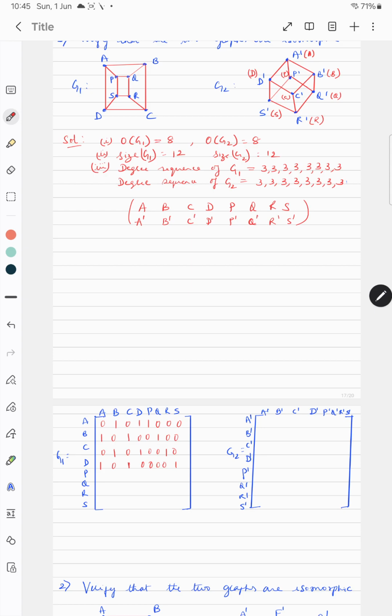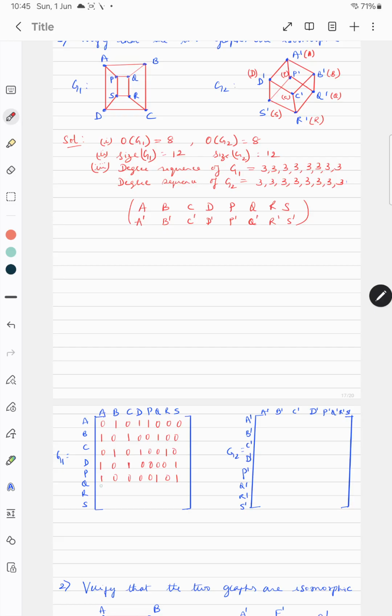Okay, next, A is over. P is adjacent to A, Q and S, remaining all 0.